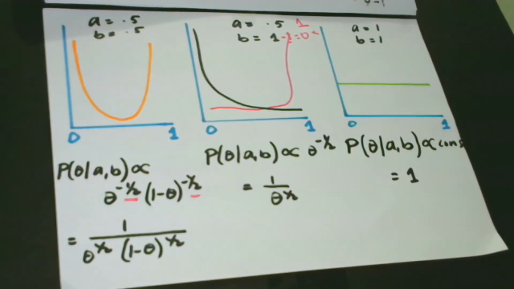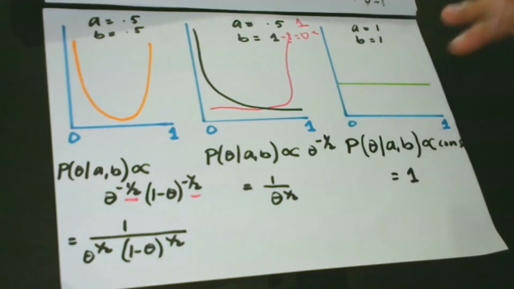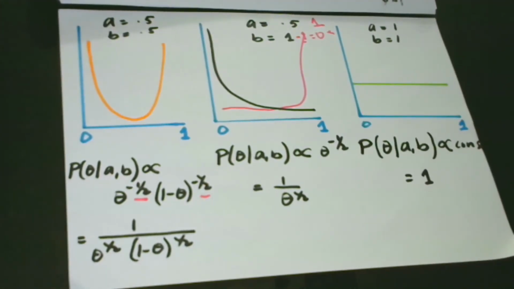If we're going to graph this, then the shape is a straight line. So you can see here, this is the graph of the third scenario wherein a is 1 and b is 1. You can see just a straight line. So it means that we are going to get a sort of uniform density distribution.